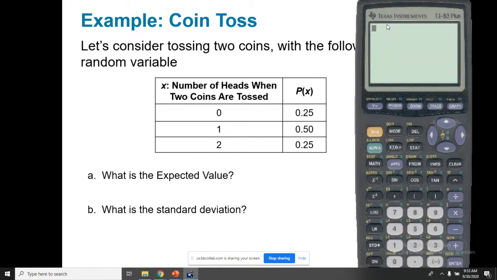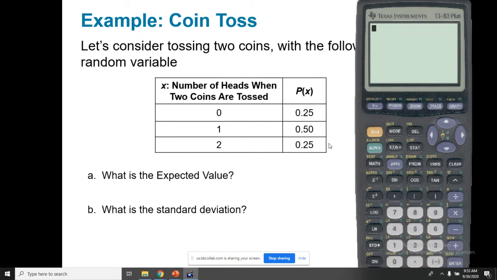Now, when we were dealing with frequency distributions, we also found the mean and the standard deviations of those distributions. The way that we find the mean and the standard deviation of a probability distribution is much the same. We will simply enter in our calculator the very first column as L1 and the second column as L2.